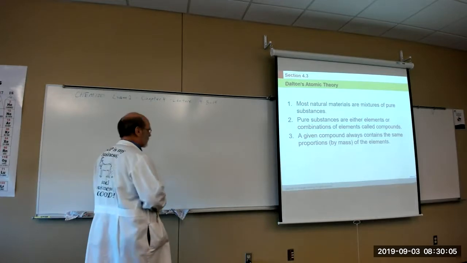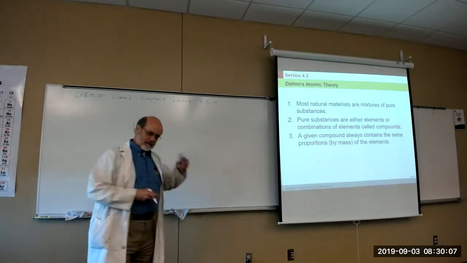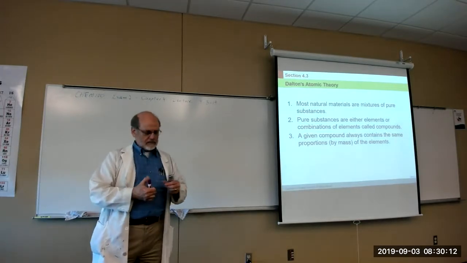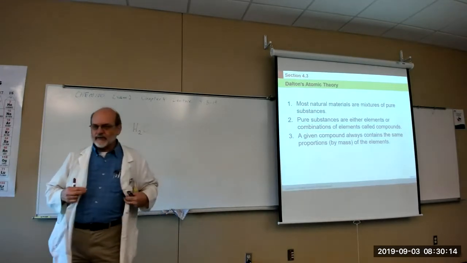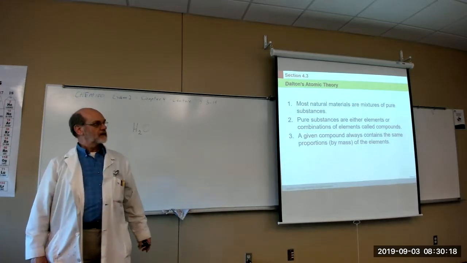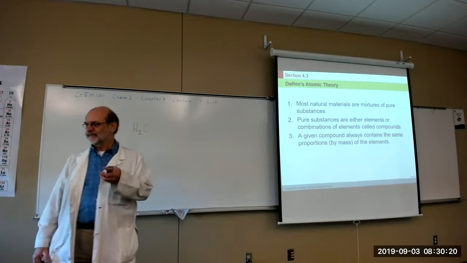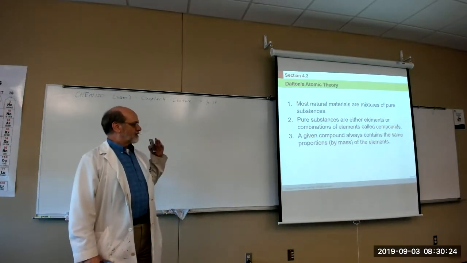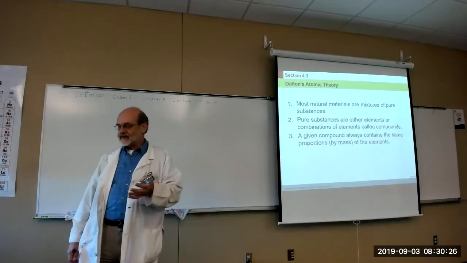He also said that, and at this time, all the chemists, or they didn't actually call themselves chemists, they called them natural philosophers, all they knew at this time was mass.